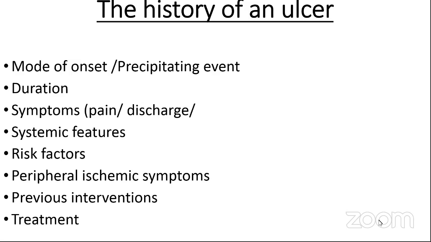Now, systemic factors, like I mentioned, diabetes is an important thing. You must ask for the history of diabetes, then hypertension, ischemic heart disease, or venous insufficiency like varicose veins, deep venous thrombosis, and history of long-standing smoking because of TAO. All these systemic factors should be elicited from the risk factors.